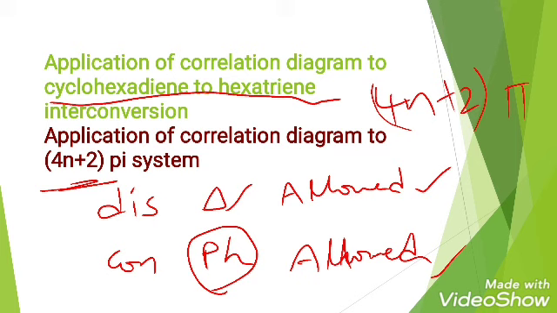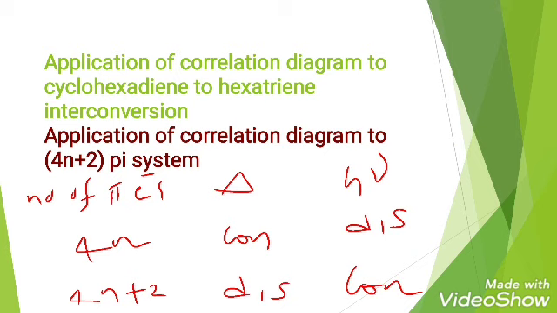That means pi electron systems with 6 pi electrons, 10 pi electrons, 14 pi electrons and so on, interconversion under disrotation in thermal condition is symmetry allowed, and conrotation in photochemical condition is symmetry allowed.